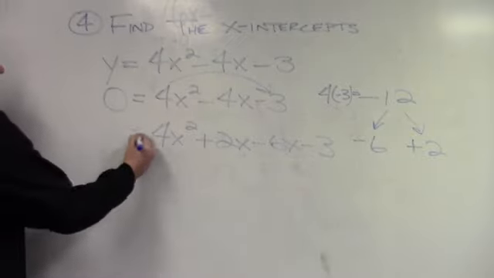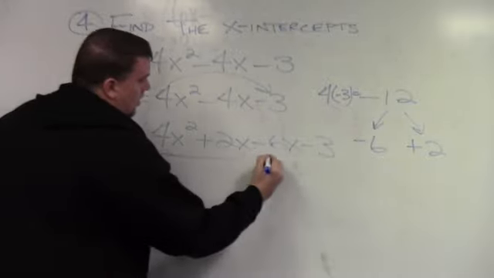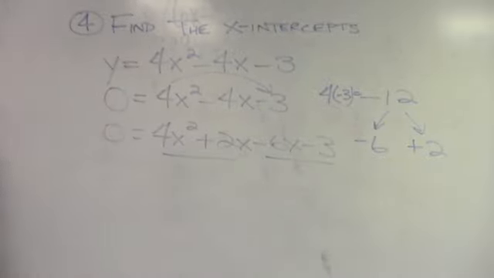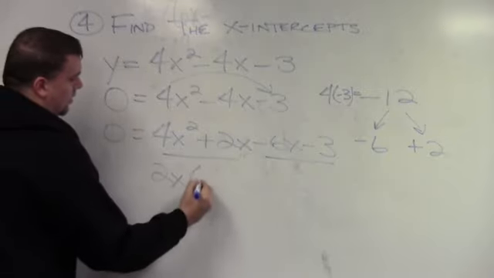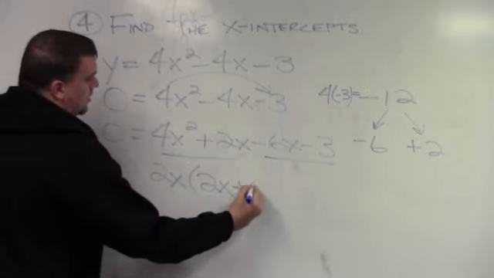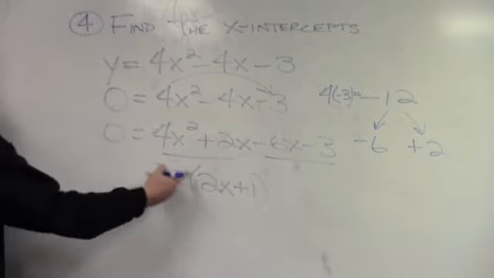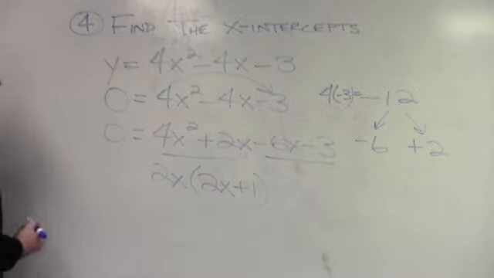From there, I can do factoring by grouping, correct? What can I factor out of those first two? 2x, which will leave me with 2x plus 1, right? 2 times 2 brings me back to the 4. What can I factor out of this negative 3 set?